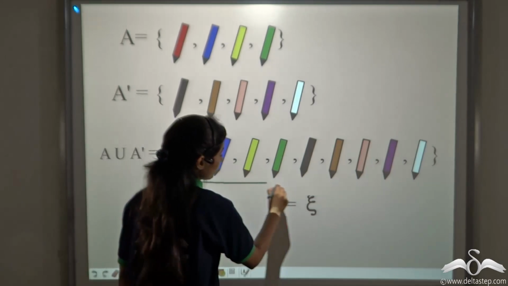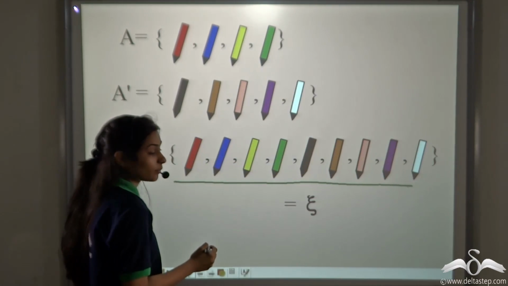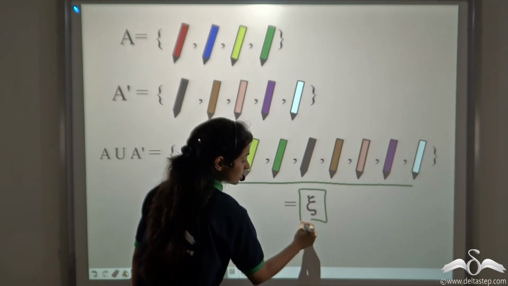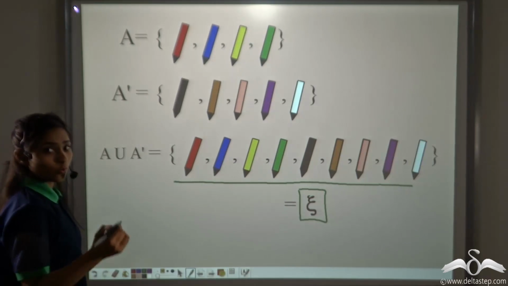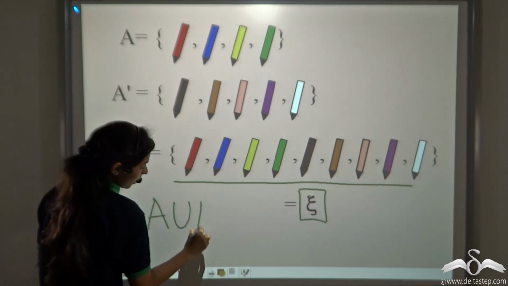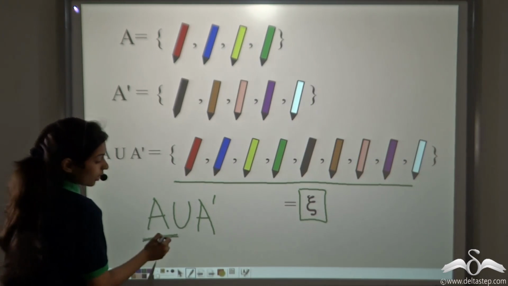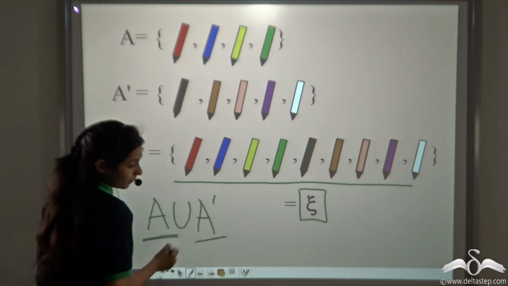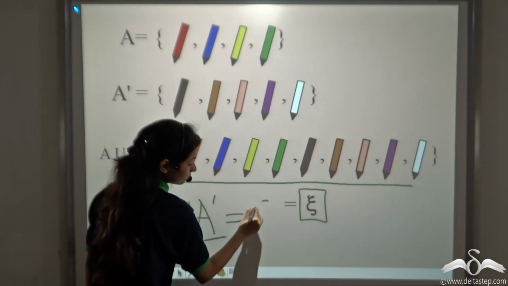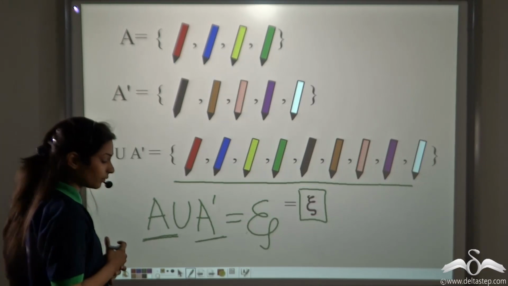I get the whole set of crayons that I have. Now what was the whole set of crayons denoted by? The universal set. So what did we conclude? That A union A complement, that is the set of pens you take to school, union with the set of pens you keep at home, will give you what? The universal set. That is the whole set of pens that you are having.